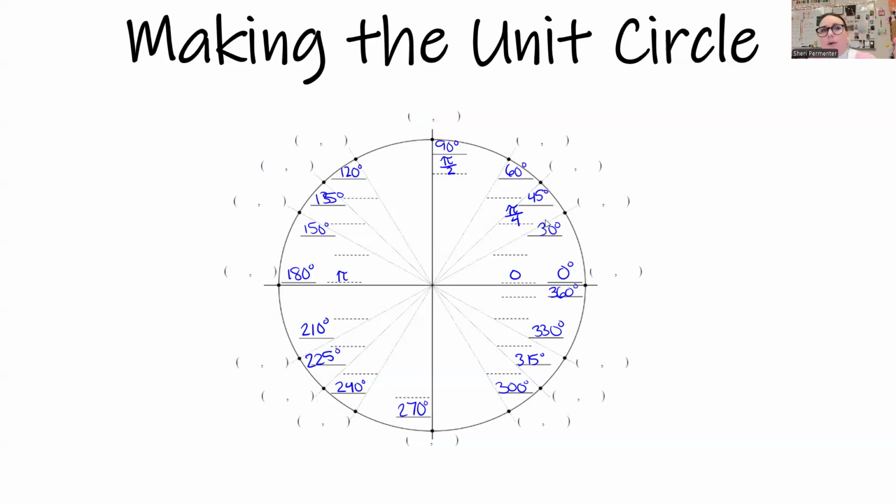If you look at the 30 degrees, there's 1, 2, 3, 4, 5, and 6 pieces if you start at a piece this big. So it's pi over 6. And then if you cut them this big at 60 degrees, there's only 1, 2, and 3 of them. So it's pi over 3.